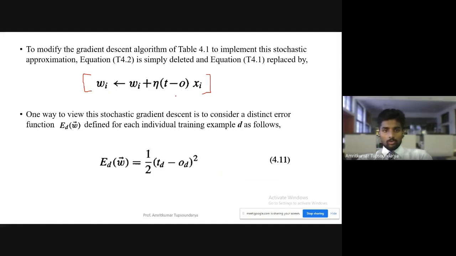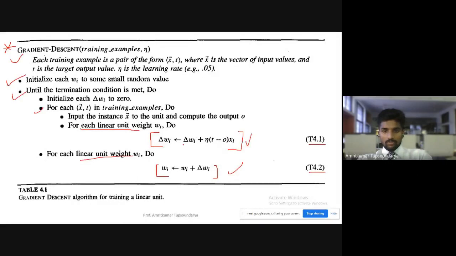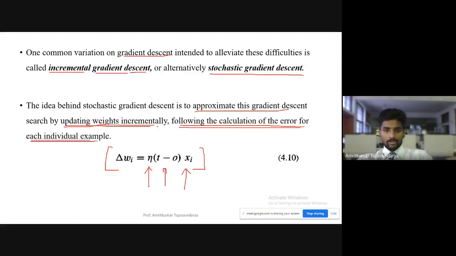So I hope you notice the difference here, that we bring in the learning rate here. As you can see, we didn't bring the change in Wi, but the component form of the weight, the unit weight we have considered here.